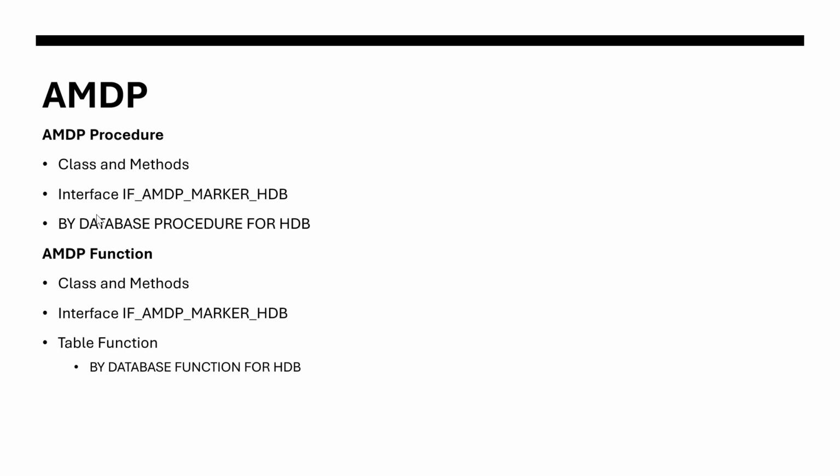Then in the implementation, it will be METHOD amdp_procedure BY DATABASE PROCEDURE FOR HDB LANGUAGE SQLSCRIPT OPTIONS READ-ONLY, like that we have to give. So while implementing your method, after the method name, you have to give your code.